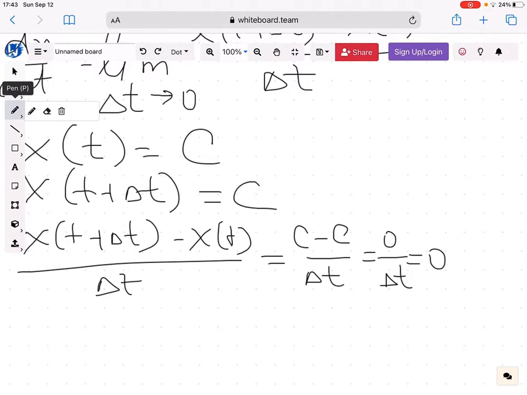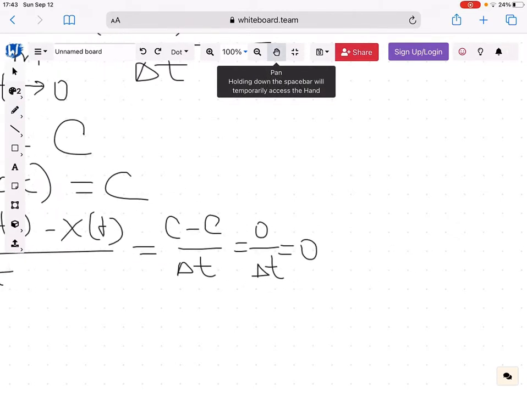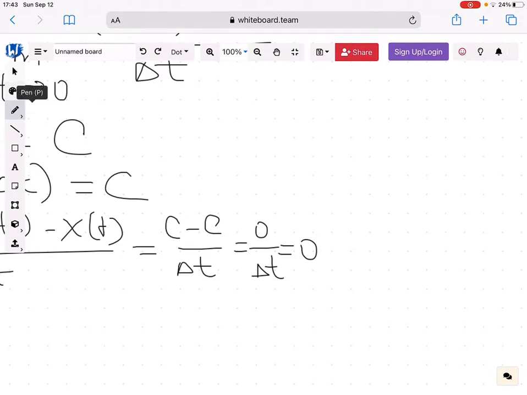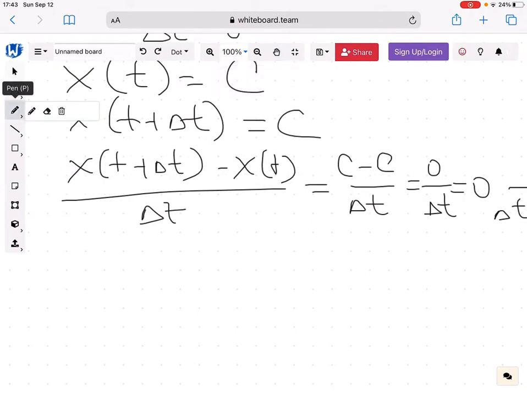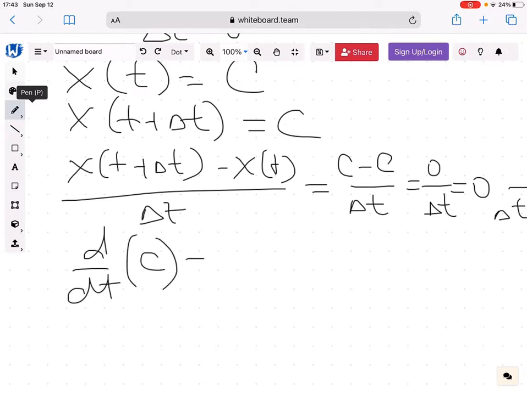So regardless of what delta t we take, big or small, as long as it's not 0, 0 will stay 0, which means the derivative of the function of a constant is 0. Let's write it down: d dt of a constant is 0. And that's what we were actually talking about before.